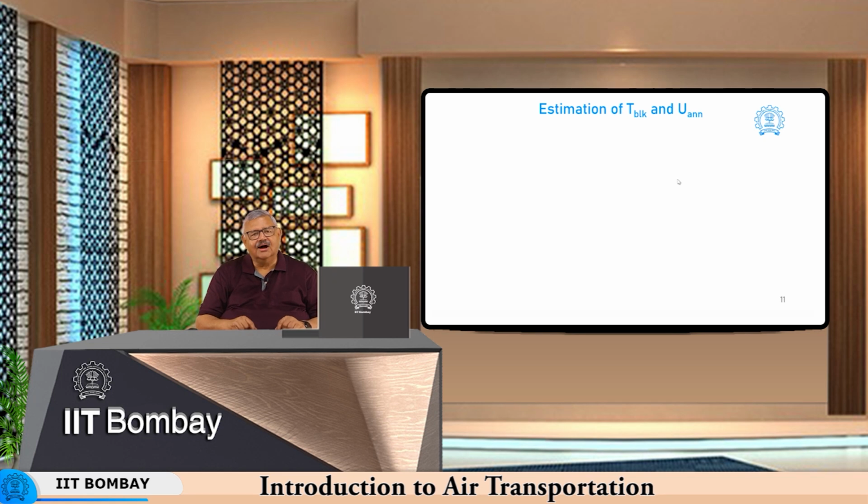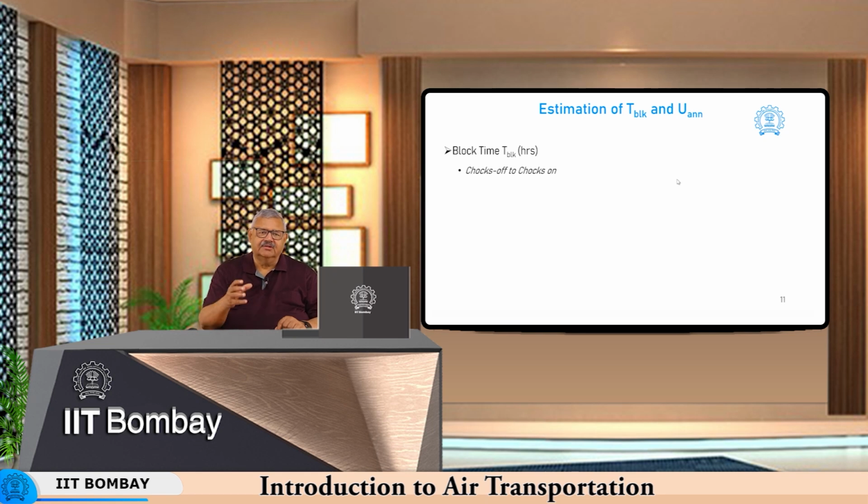Let us look at how we estimate the block time and the annual utilization. Block time is generally a term measured in hours, which stands for the total time that transpires between the time that the aircraft is released from one particular airport till the time it arrives at the other airport and it is finally stopped and no further motion is permitted.